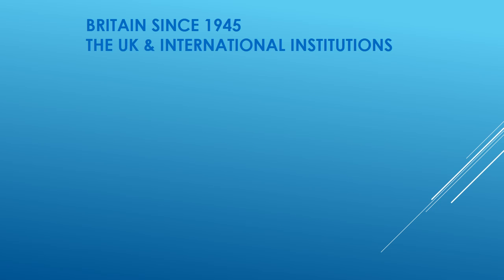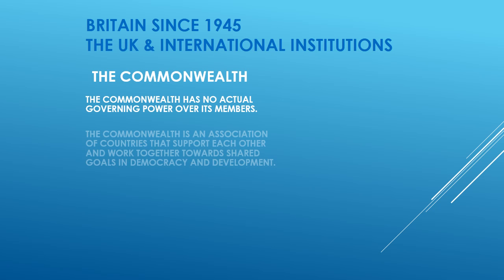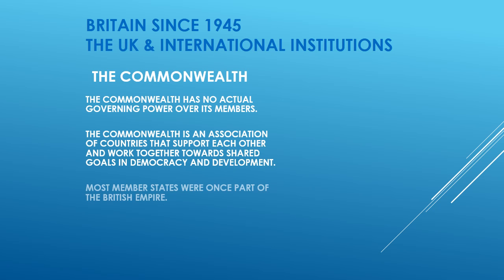In this first slide, we're going to be looking at some information about the Commonwealth. The slide goes on to explain some of the issues that the Commonwealth has faced, its makeup, and also some of the facts about the Commonwealth during its development.